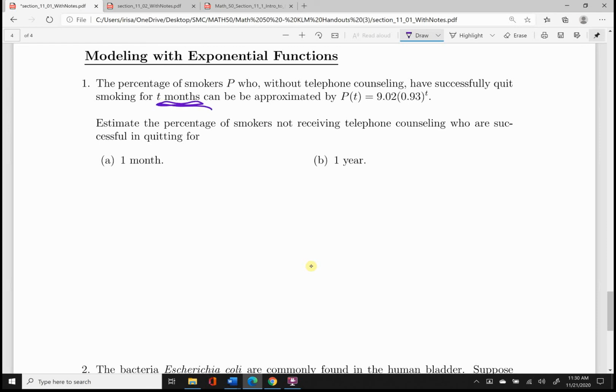We want to use the model to estimate the percentage of smokers not receiving telephone counseling who are successful in quitting. So basically, you just want to use this function with a t of 1 to answer part A. So this means t equals 1. Plug and chug, basically. And for part B, the time frame being 1 year, well, how many months are in 1 year? 12, right?